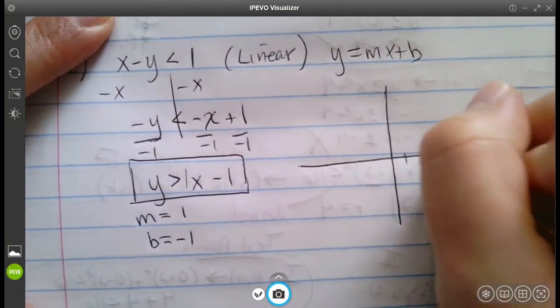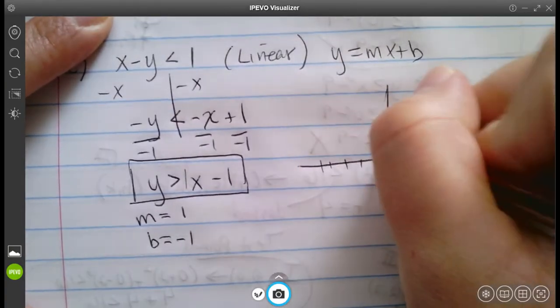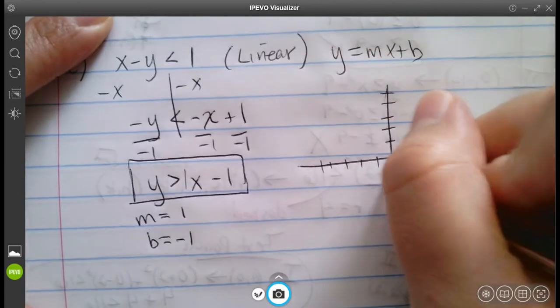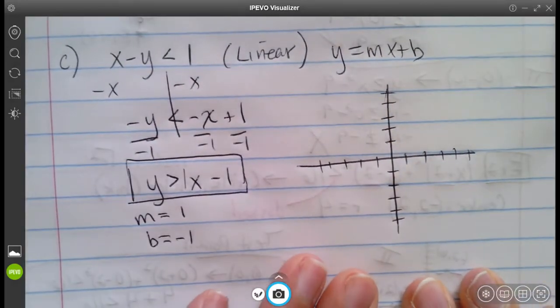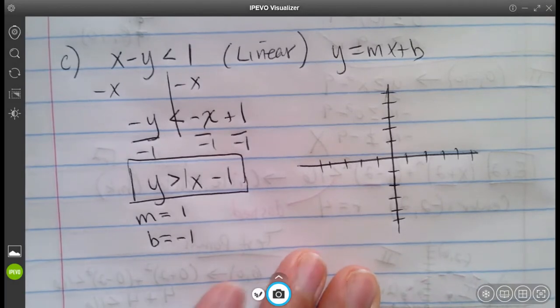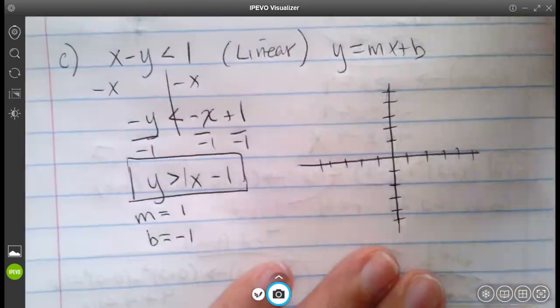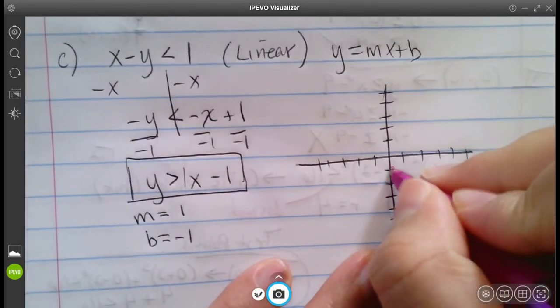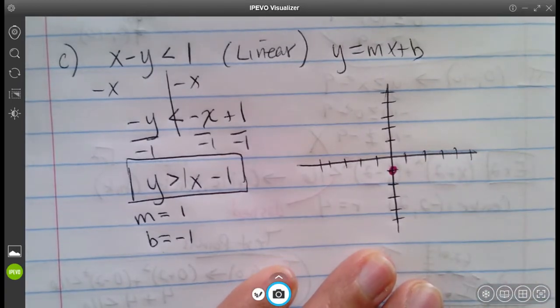Let's just do a few. 1, 2, 3, 1, 2, 3, 4, 5. Let's do 5. 1, 2, 3, 4, 5, 1, 2, 3, 4, 5. If you have graph paper, that would be so much better. Just saying. I don't, so I'm making do with what I got. So our y-intercept is -1, which means I'm going to start here at -1.